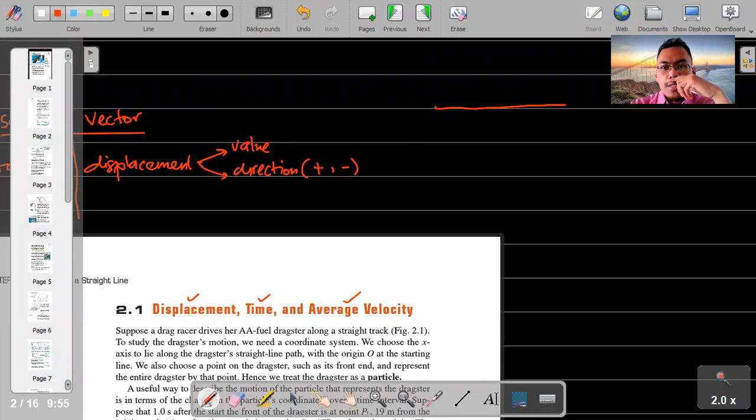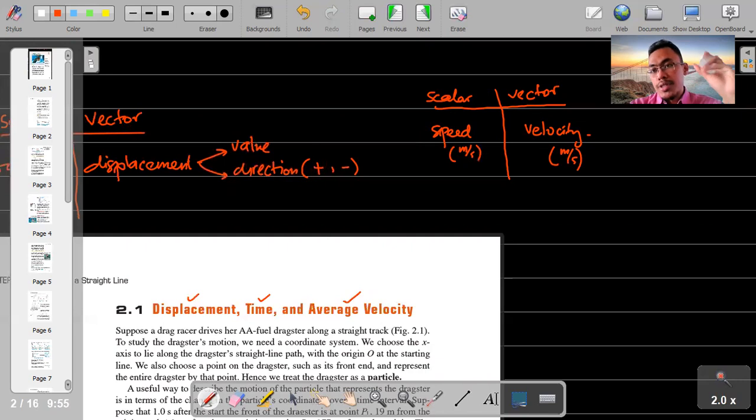And then for the velocity, if I make another table here, this is scalar and this is vector. This one will be speed, and this one will be velocity. The international unit of speed is meter per second, and for velocity it is also meter per second. So in terms of unit, these two quantities have similar units.